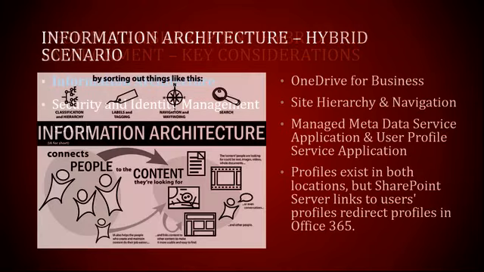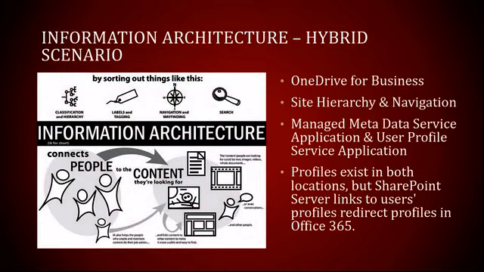So I'm not going to get into too many details about information architecture and the hybrid scenario, but my assumption is that everybody in this audience understands what information architecture means.